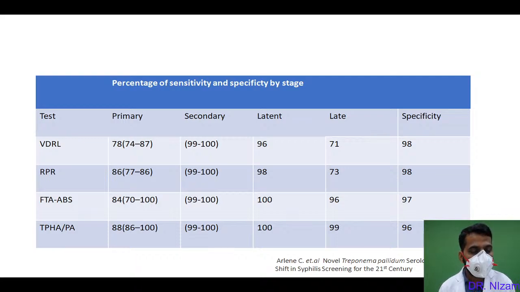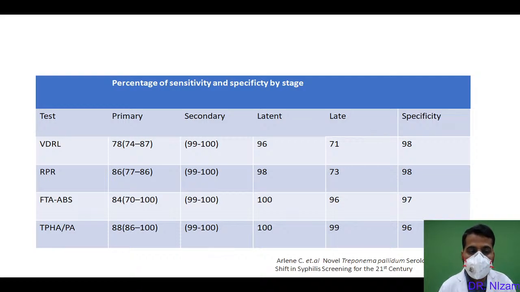Primary. So VDRL in the primary stage is around 78%, in secondary it is 99 to 100%, and in the latent it is 96%. As we can see from this table, in the primary stage the sensitivity is not much, whereas in secondary and latent stages the sensitivity reaches around 99 to 100%.